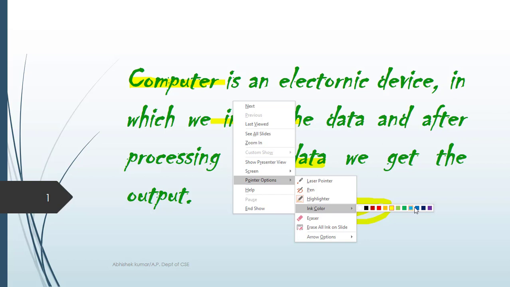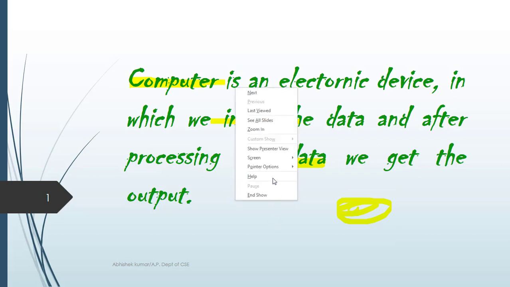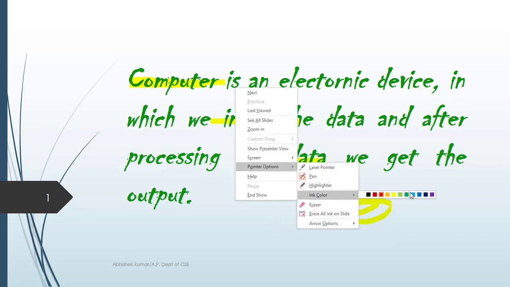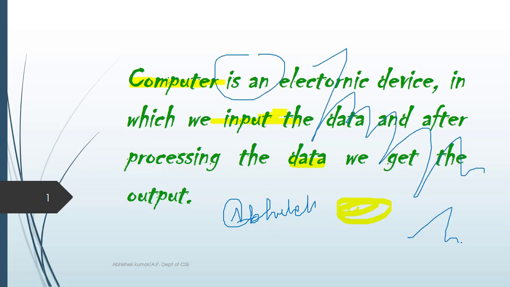I choose the blue one and I choose pen option instead of highlighter. Again, the ink color I set to blue, and I can write anything. A, anything with this pen I can write on this presentation.